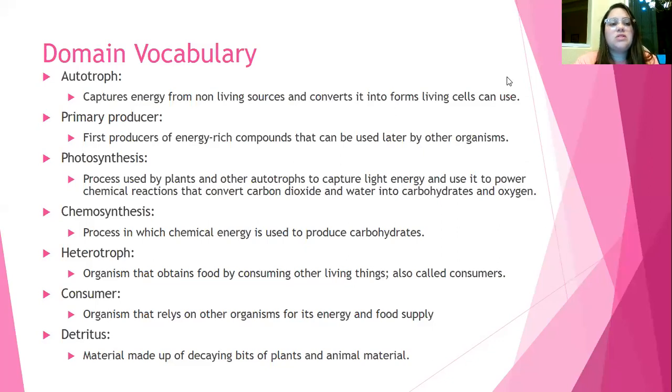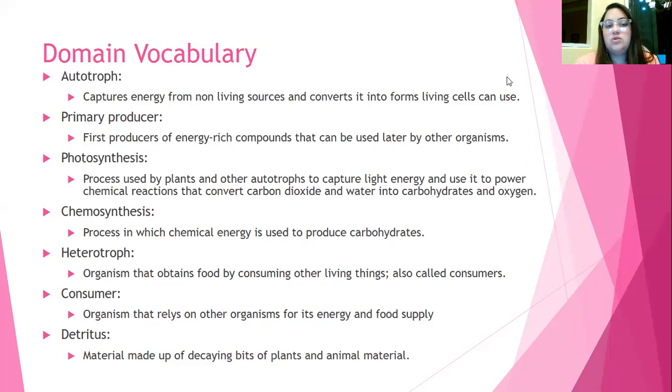Primary producers. This is the first producer of the energy-rich compounds that can be used later by other organisms. So the primary producer is going to be the plant that creates the primary source of the energy-rich compounds.